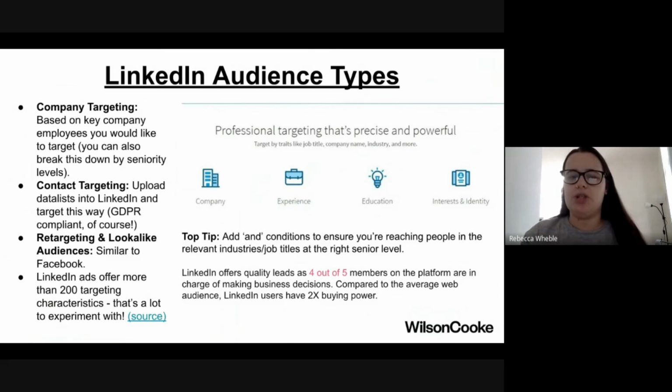So you potentially wanted to reach the MDs, the CEOs, the managers, etc. You can then use that AND condition to ensure that you're just targeting those people at that senior level, rather than the people on the ground that work in manufacturing and engineering, just to make sure that you really are building that audience to the exact targeting that you want.